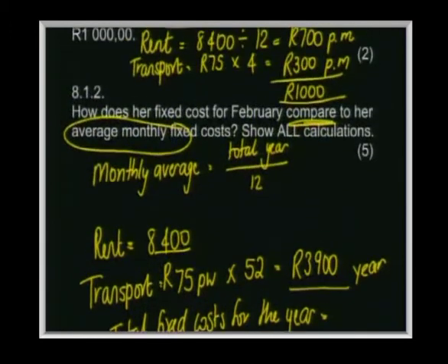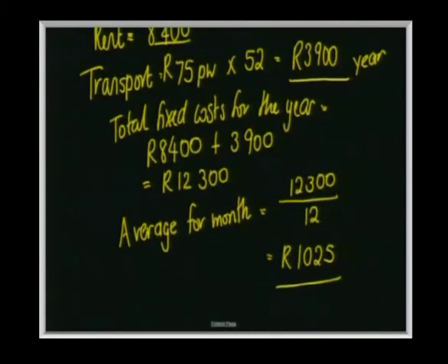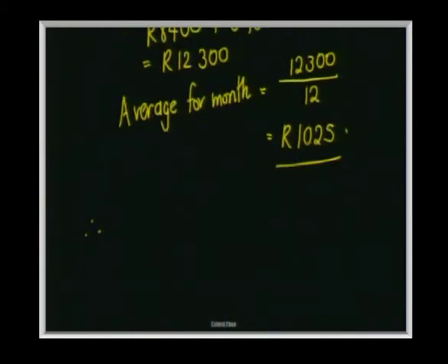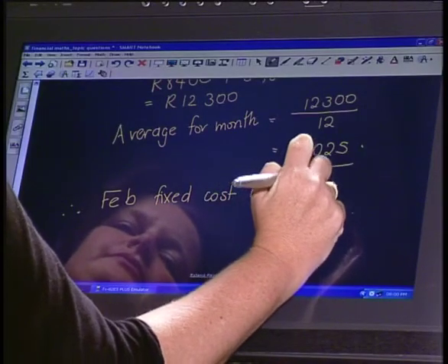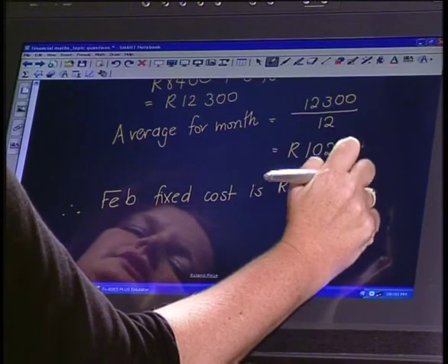February, if you remember, was 1,000 Rand per month in fixed costs. They've said that the average is 1,025. So therefore, February's fixed costs is 25 Rand cheaper than the average.